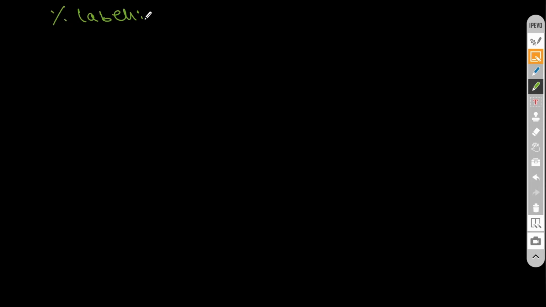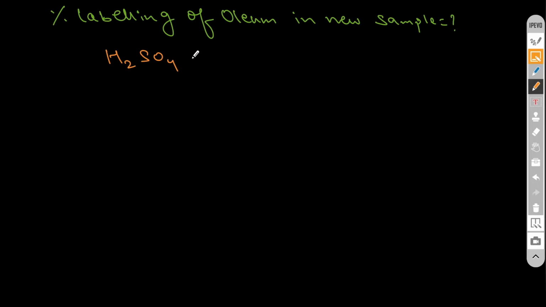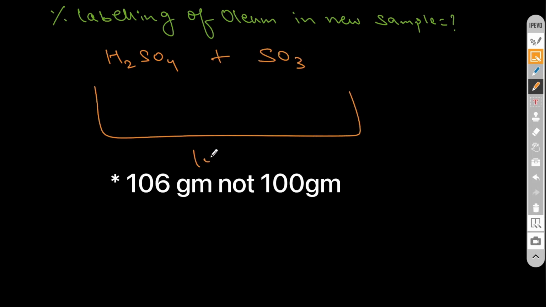We have to find the percentage labeling of oleum in the new sample or in the final sample. We have a mixture of H2SO4 and SO3. How much H2SO4 is there?